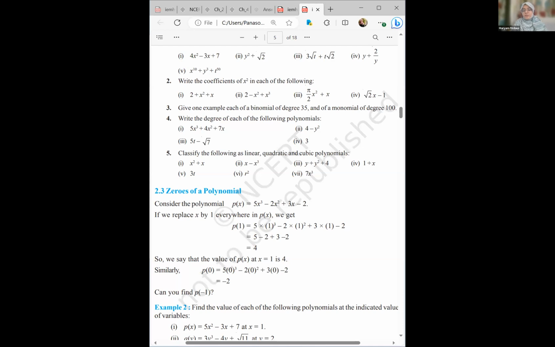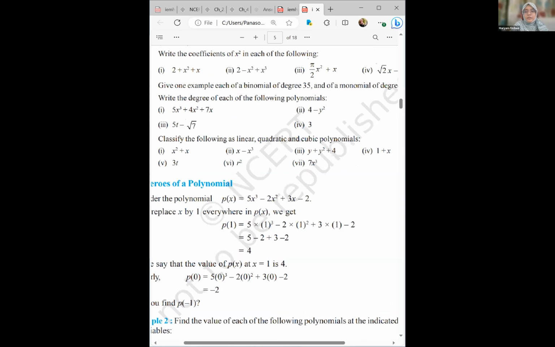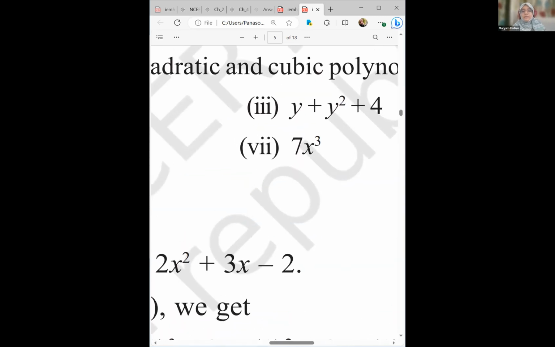Preshita, sixth one? Quadratic. And Avni, last one? Quadratic. Look at it carefully. Cubic. Cubic.